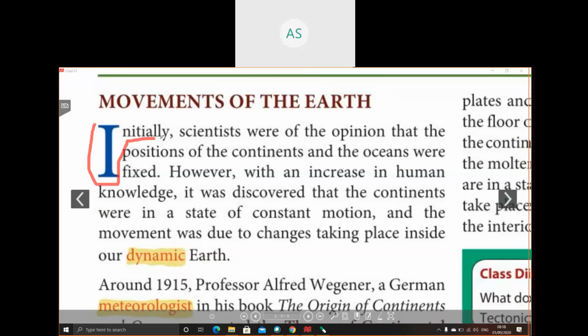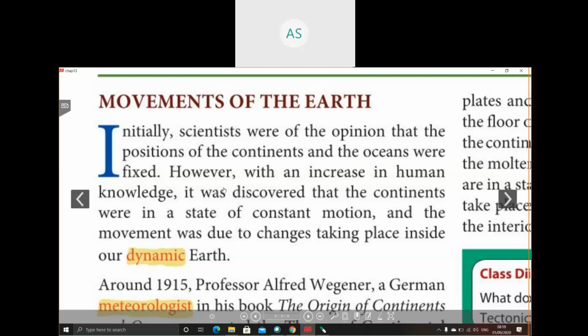So they thought that the Earth's position is fixed, the continents are fixed, with no movement, and the oceans are also fixed by their theory.